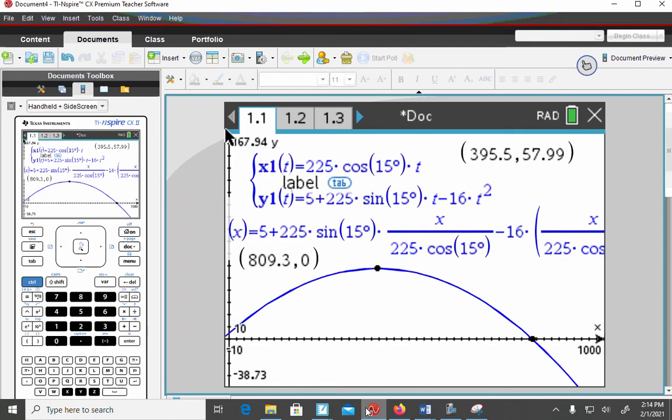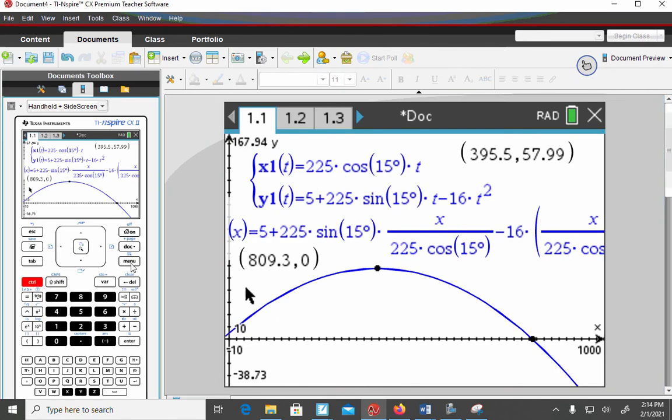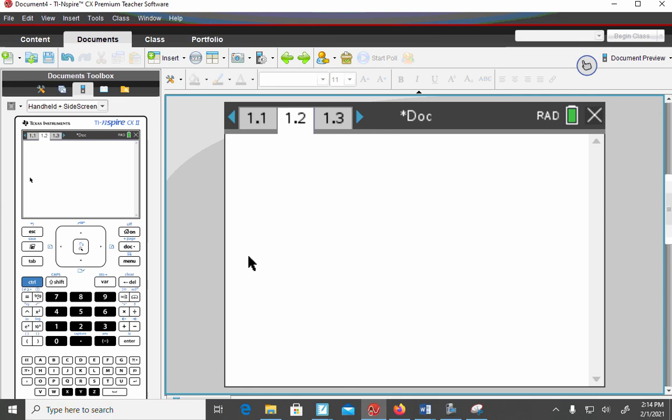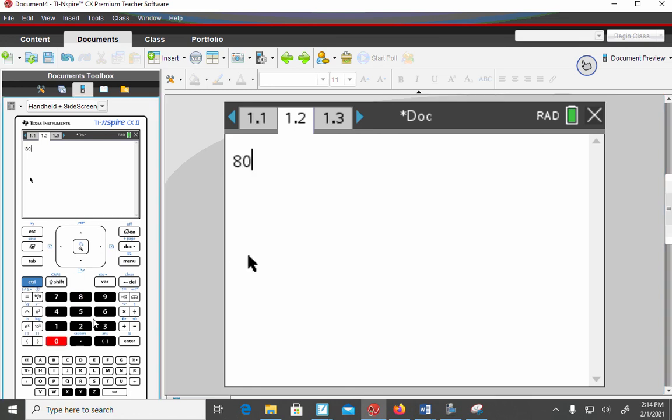I am going to add a calculator page. And the easiest way is to take that 809.3 and divide it by, oh, I should have used my favorite button. I didn't. So since I did not use my favorite button, I am going to have to do a parenthesis. 225 times the cosine.